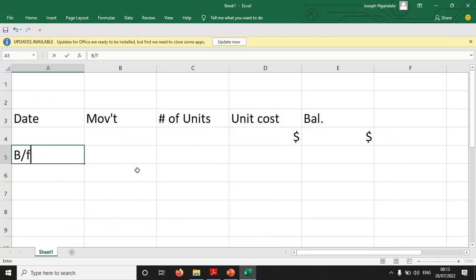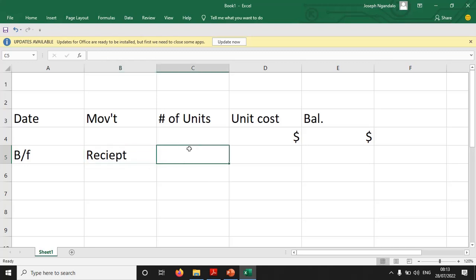We say in accounts, this will be taken as a receipt. Did you hear that? This will be taken as what? A receipt. 100 units valued at how much?